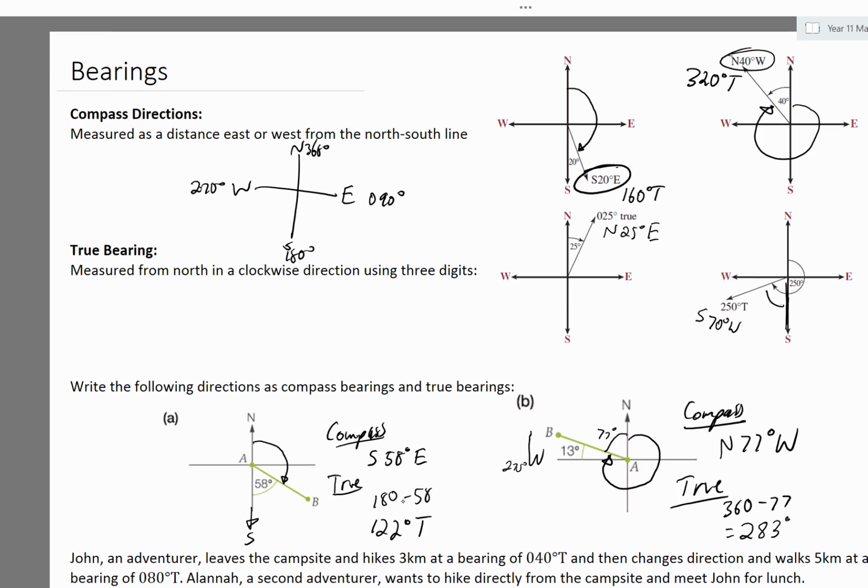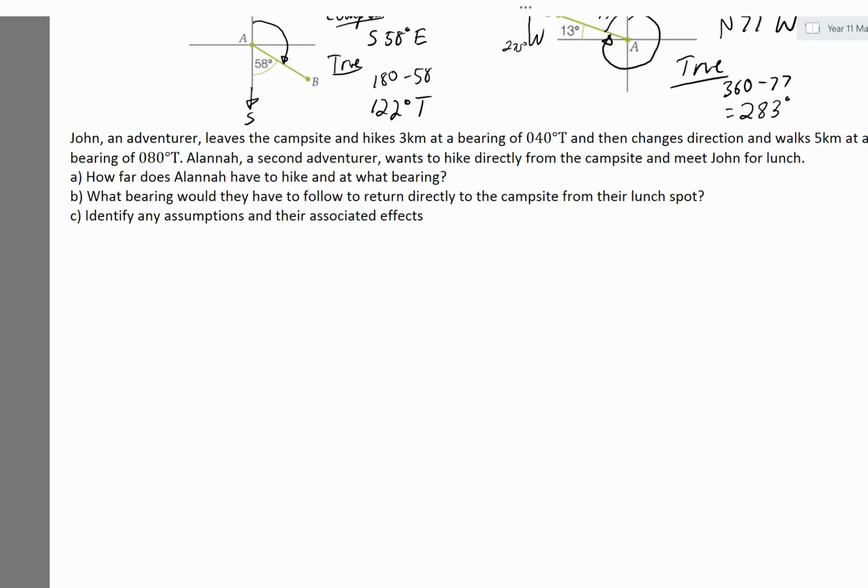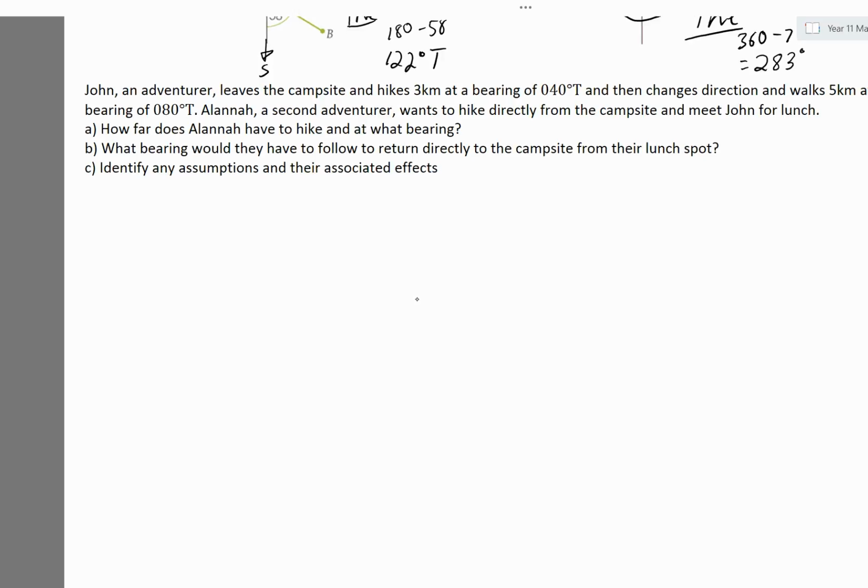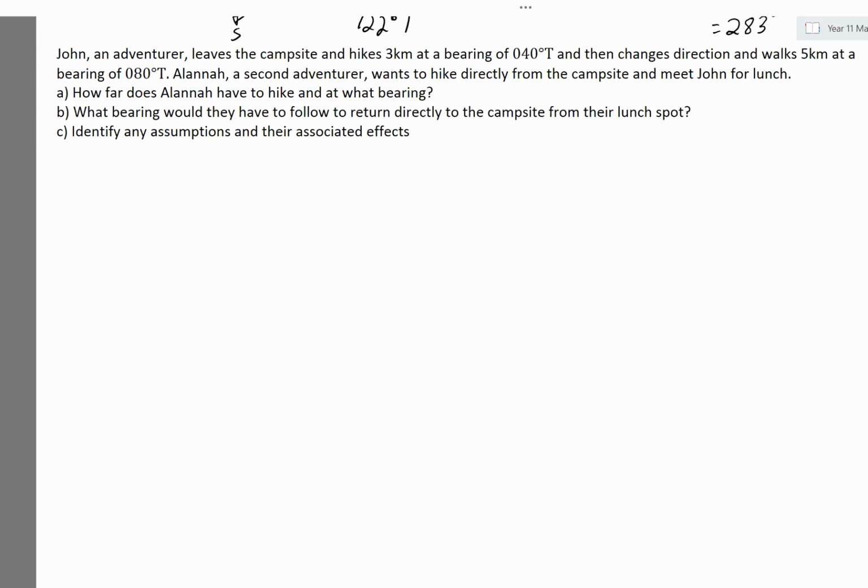Okay, so the reason why we teach you compass directions and true bearings is because in problems that we want you to solve, you're required to do those sorts of calculations. Looking at one example here of John leaving a campsite and hiking in a certain direction, changing directions and walking another distance at another direction. We want to be able to draw this and have an idea of what's going on and solve these problems.